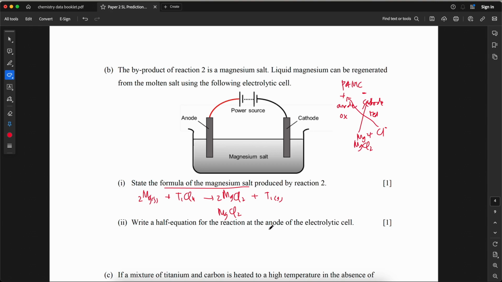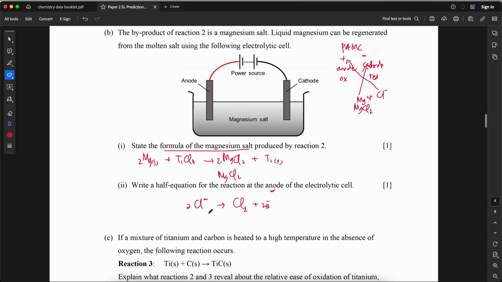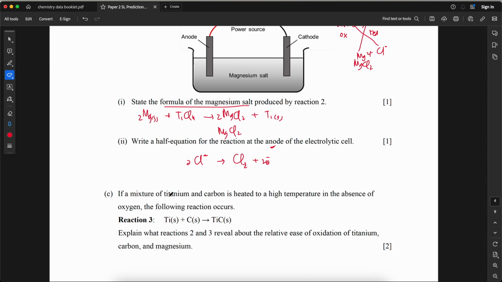At the anode it will be Cl-, and it is oxidation, losing the electron. So Cl- losing the electron. So Cl2, here will be 2 electrons and here will be 2. So this will be aqueous and then this will be gas.